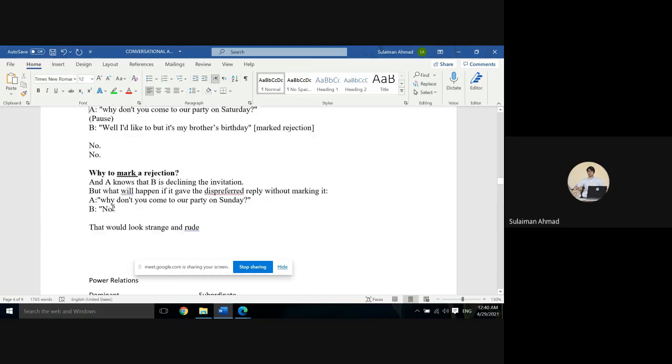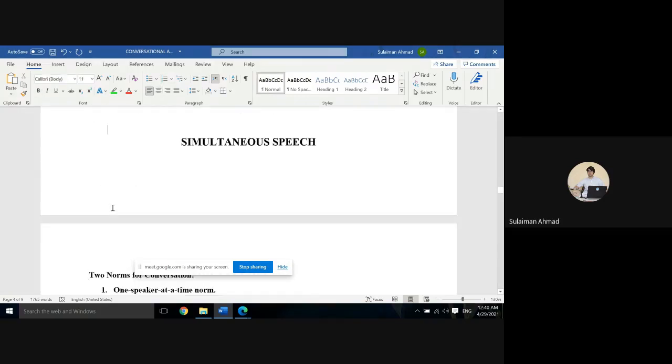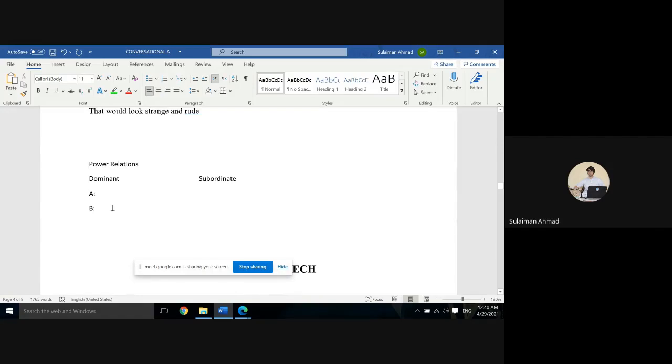If you look at adjacency pairs, let's suppose speaker A gives a command to speaker B. For example, speaker A says, bring me the register, right? Speaker B will definitely say, sure, sir, or sure, definitely, okay.